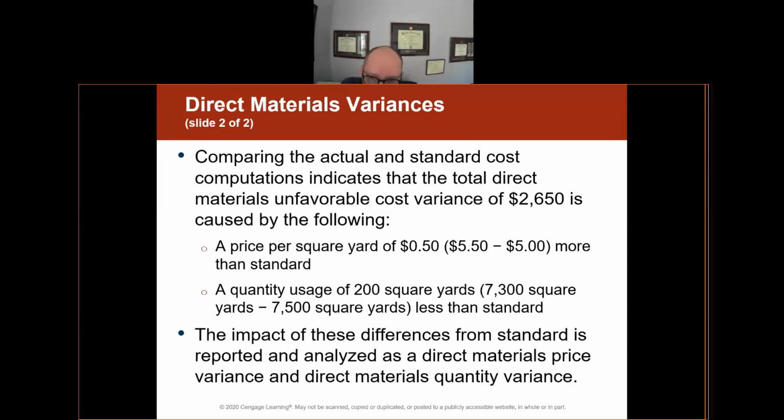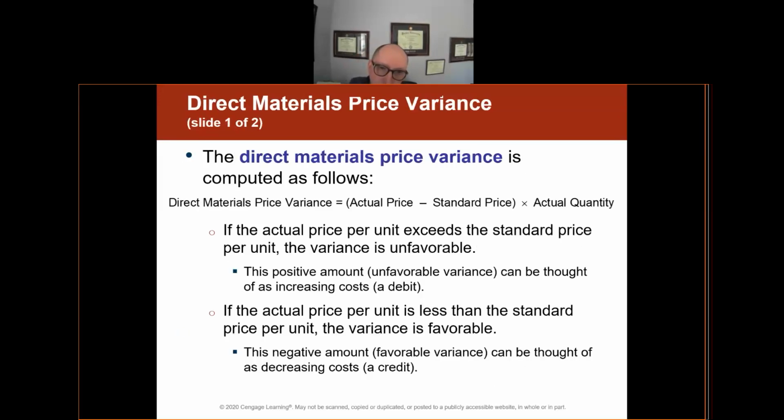But of course, we need to take the price times the quantity to get the total variance. So actual price minus standard price, 50 cents, times actual quantity, 7,300, gets us to an unfavorable variance.